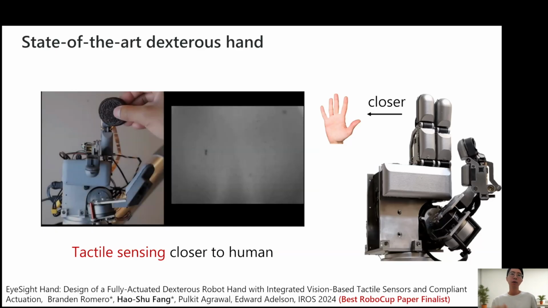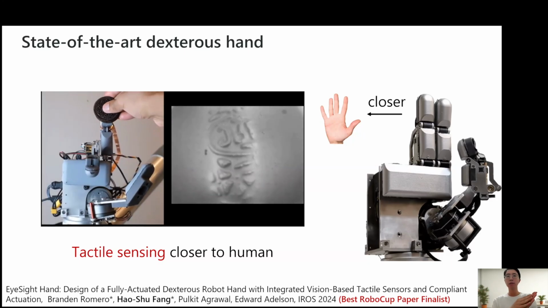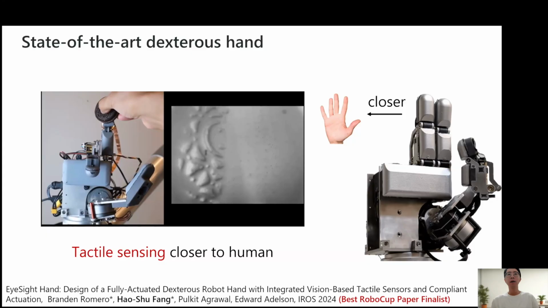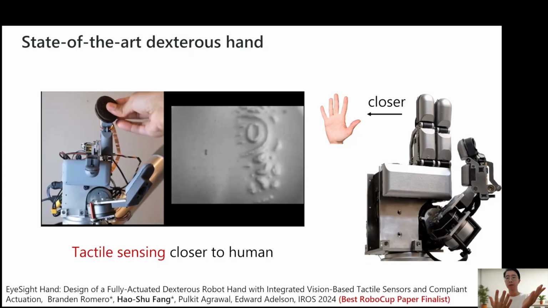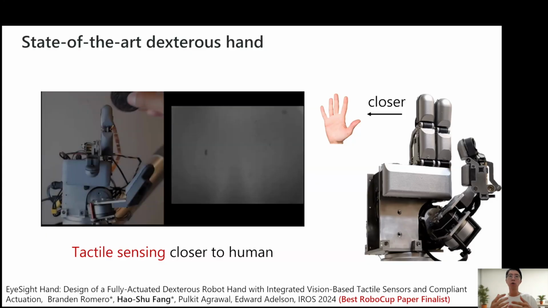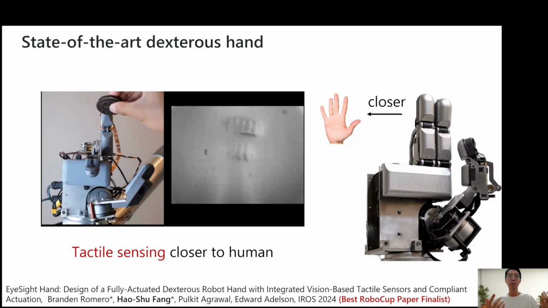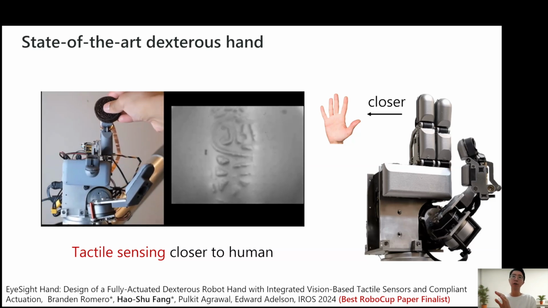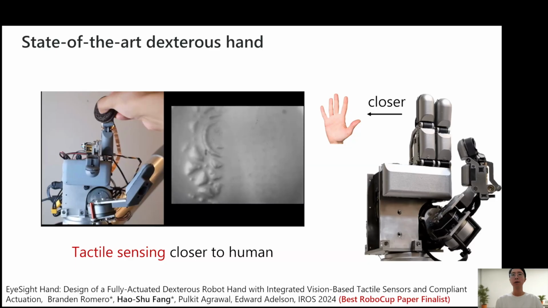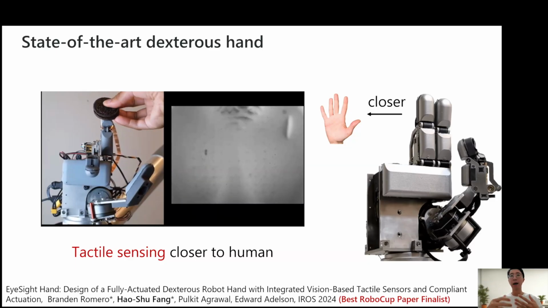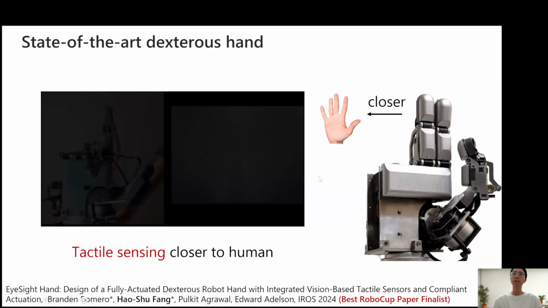In Eyesight Hand, we incorporate a whole hand tactile sensor, and it also has pretty high resolution. It's a vision-based tactile sensor for the whole hand. So we not only cover the fingertip, but also the palm and other segments of the hand, so that the robot could feel very fine geometry when it interacts with the environment.